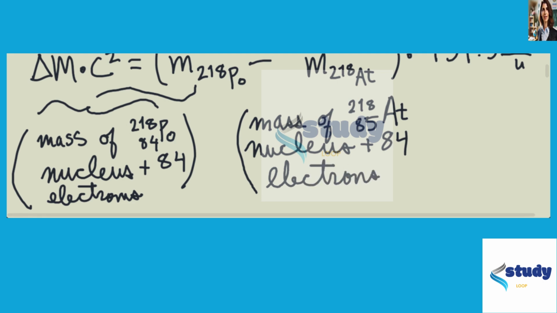Those were the valence electrons surrounding the polonium nucleus.